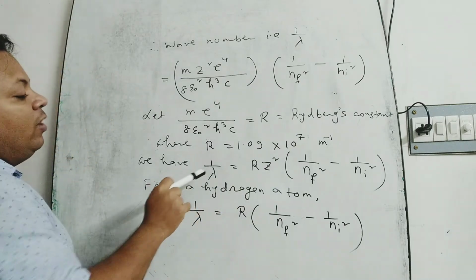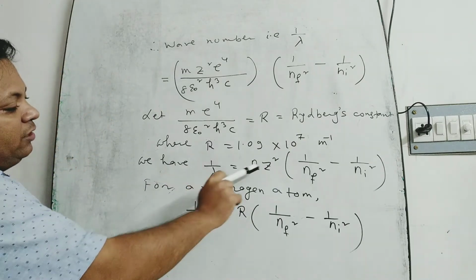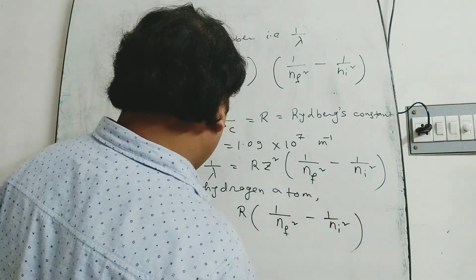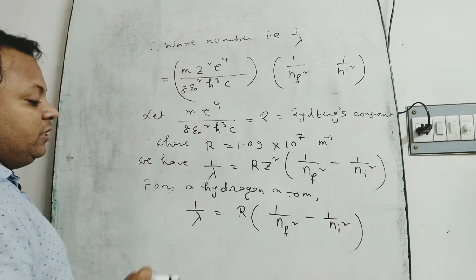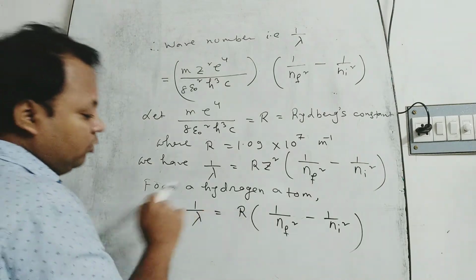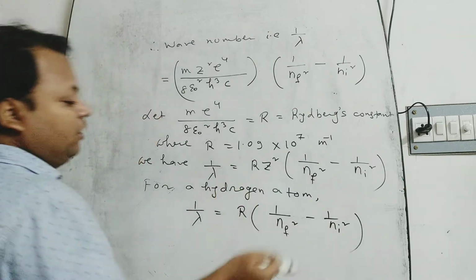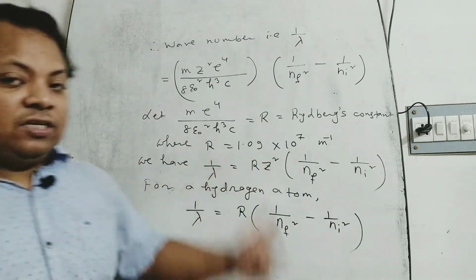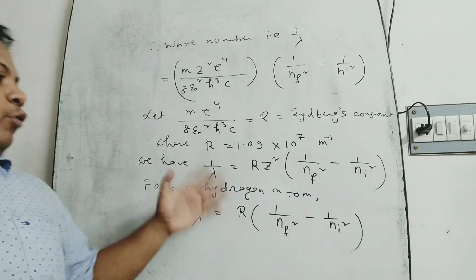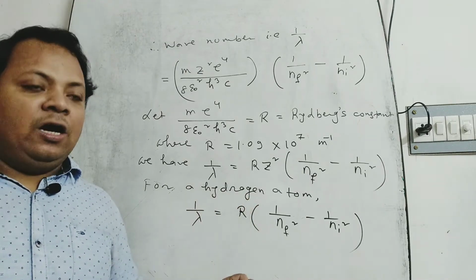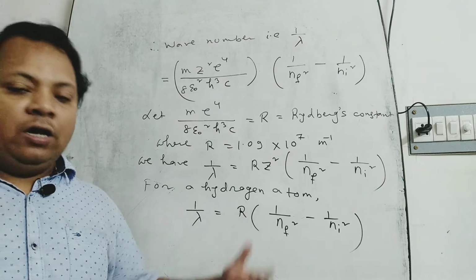Therefore we have 1 by lambda equal to capital R Z square into 1 by nf square minus 1 by ni square. And for a hydrogen atom, 1 by lambda is equal to capital R into 1 by nf square minus 1 by ni square. This is the final expression of the wave number emitted from a hydrogen-like atom or hydrogen atom.